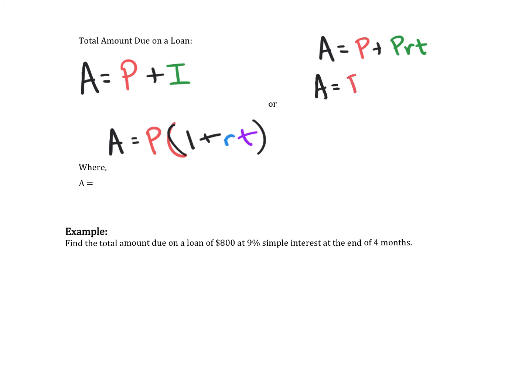And we get A is equal to P times, when you factor P out of here, you're left with just a 1, plus, and when you factor P out of here, you're left with just RT. So that's where that formula comes from. And if you distribute the P back in, you're going to get this original formula. And here, your A is what we call our ending balance, or in the case of a loan, it's called the amount due.